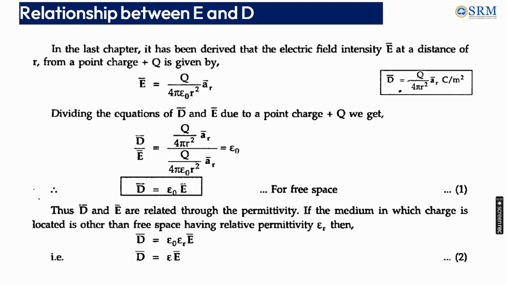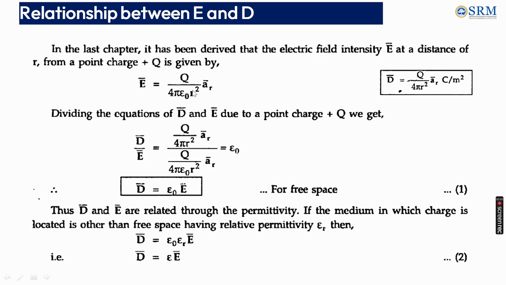Now let us see the relationship between electric field intensity and electric flux density. In the last few sessions, we have seen that the electric field intensity at a distance r from the point charge Q is given by Q divided by 4 pi epsilon naught r square into a_r cap. But we have just found that electric flux density is equal to Q divided by 4 pi r square into a_r cap.